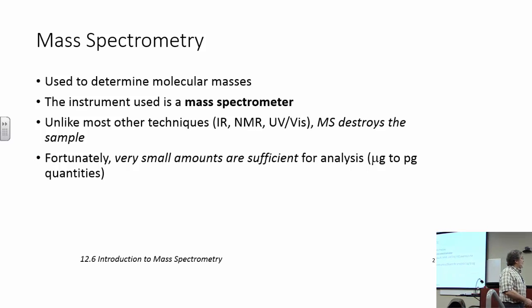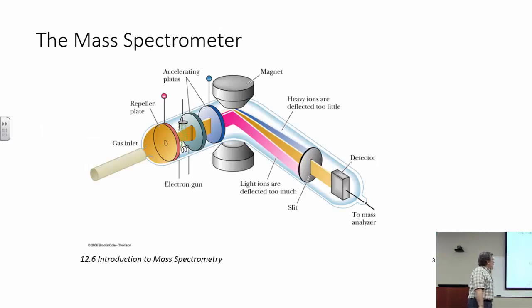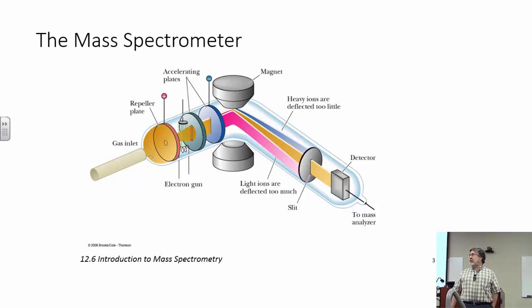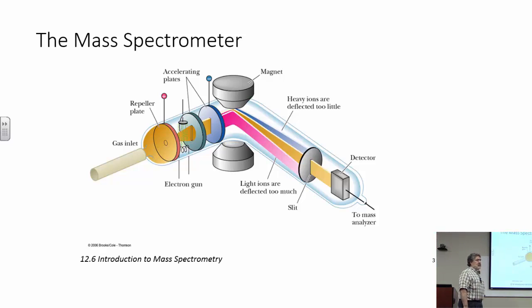And that's pretty much it for that, right? Here's a graphic that shows you what the mass spec instrument looks like. This is really based on some of the initial mass spec instruments that were built back in the day. But it's essentially the same principles that are still used, right?